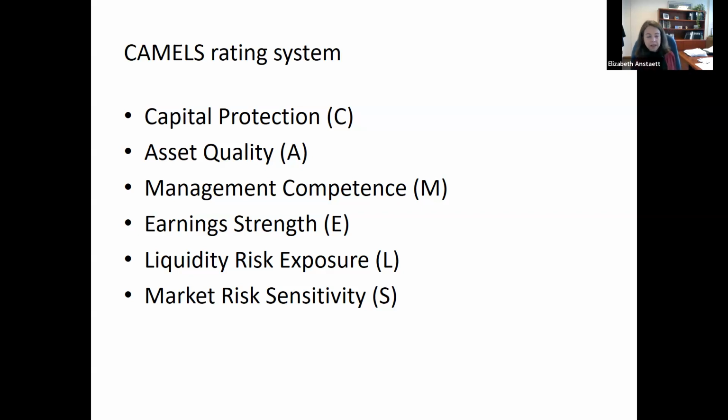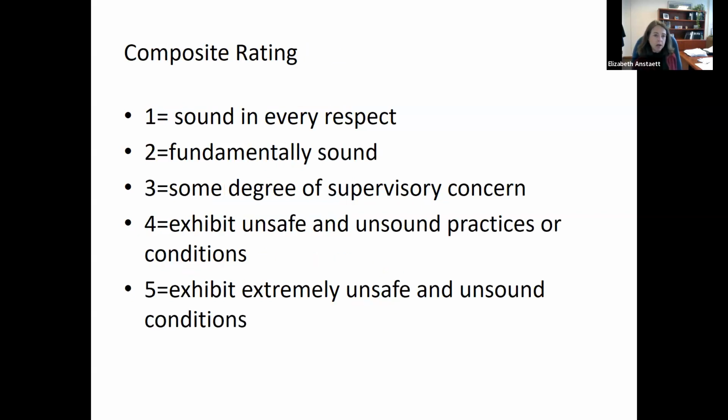And these are the areas that a bank during this examination is going to be rated on and given a score. And ultimately, it will receive a composite rating, although it will receive a component rating in each of those categories. But it is a more holistic approach, so it's not a mathematical process to get your composite rating, but this will impact your assessments as a bank, as well as if you're smaller, your examination.